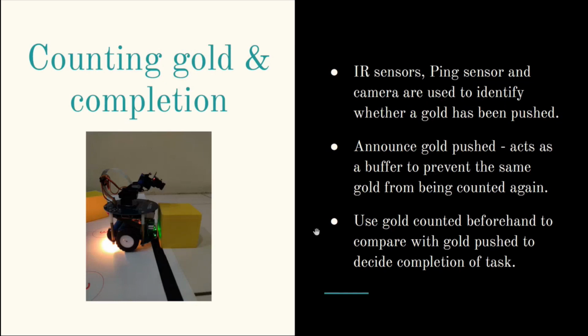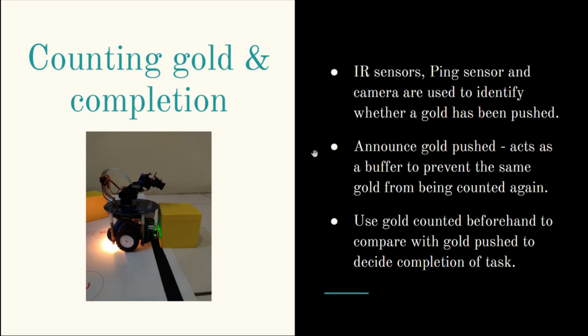Then to count the goal and decide its completion, I'm using IR sensors, ping sensor, and camera to determine whether a goal has been pushed off the cliff. When it's pushed, the IR sensors, the ping sensor, and the bottom IR sensors will be active.